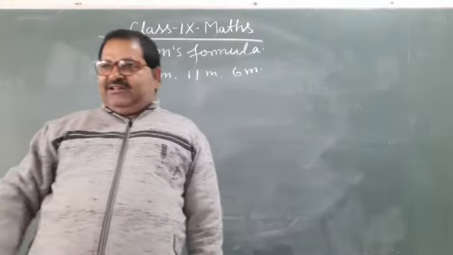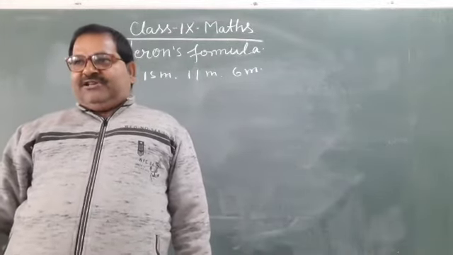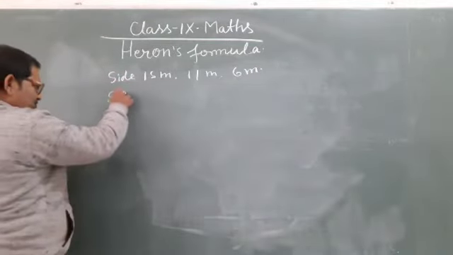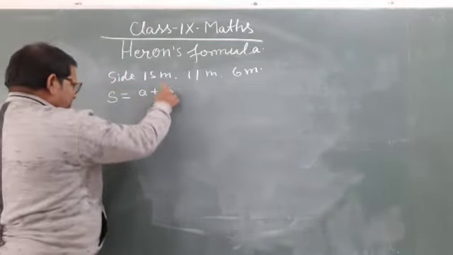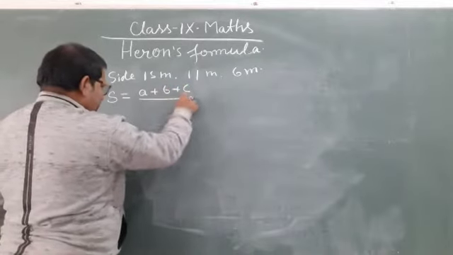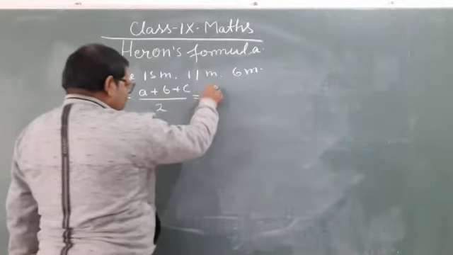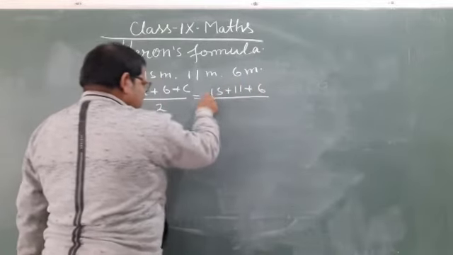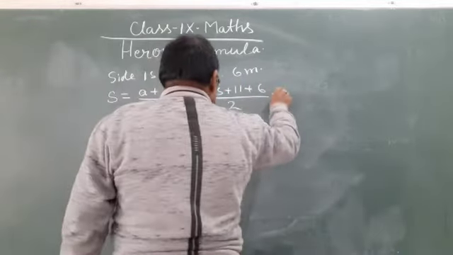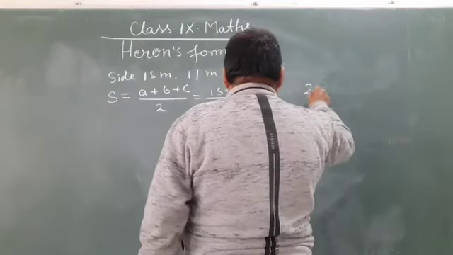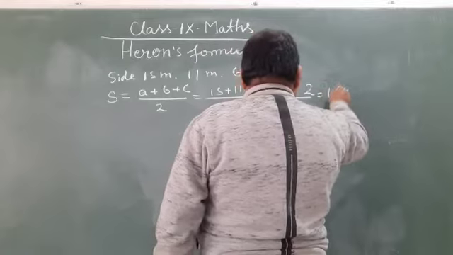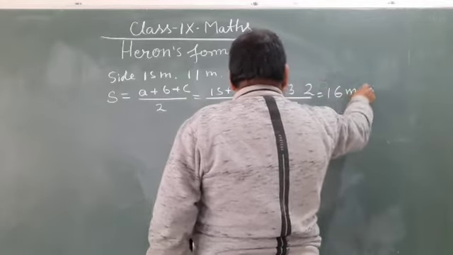First you find the perimeter of the triangle. So S is equal to A plus B plus C upon 2, that's equal to 15 plus 11 plus 6 upon 2, 32 by 2, that's equal to 16 meter.